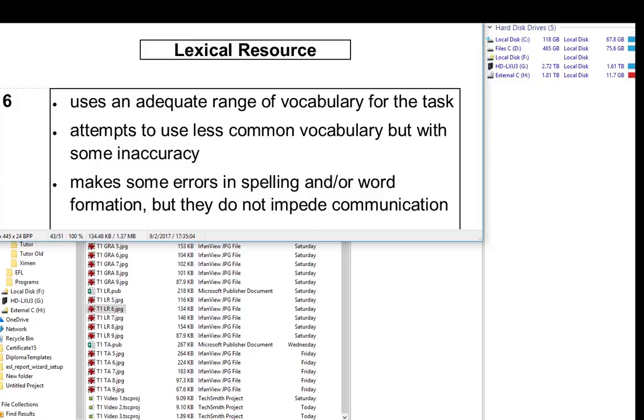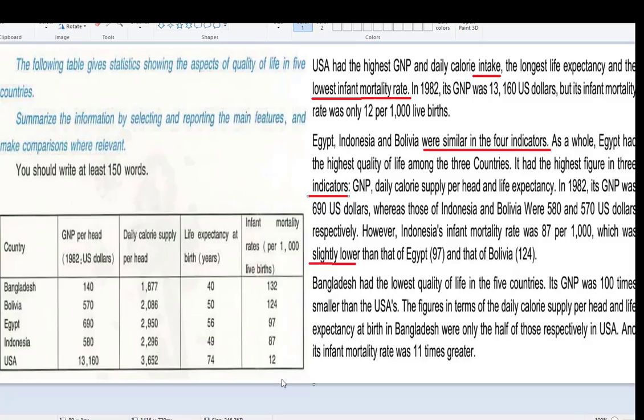Let's move on to look at grammar. Okay, so we would expect to see the past tense, since this is from apparently 1982. Okay, so we have the past tense here, past tense here.